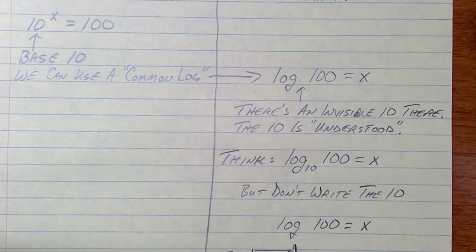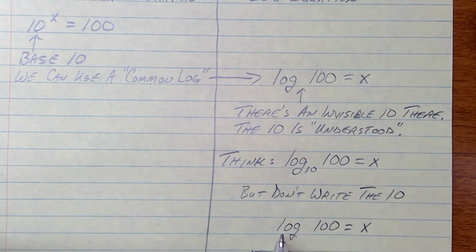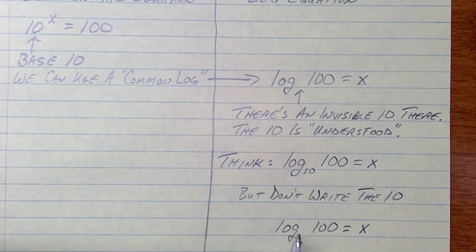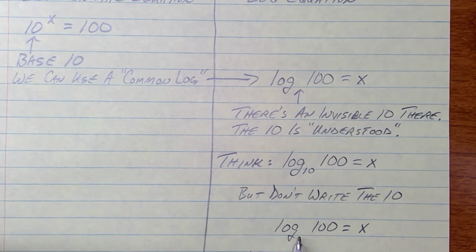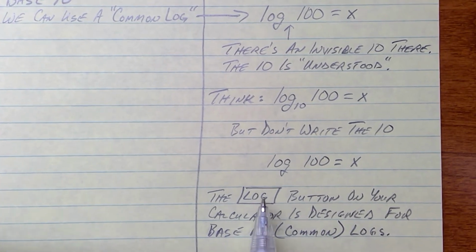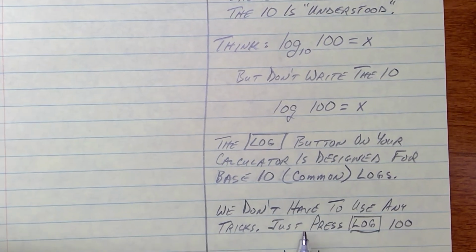If you have a common log, base 10, you just have to punch it in. There are no tricks. We don't have to use the change of base formula or any of that. Any calculator in the world will do log 100 as long as it has a log button, which is designed for base 10. You don't have to use log 100 divided by log 10; that's overkill.